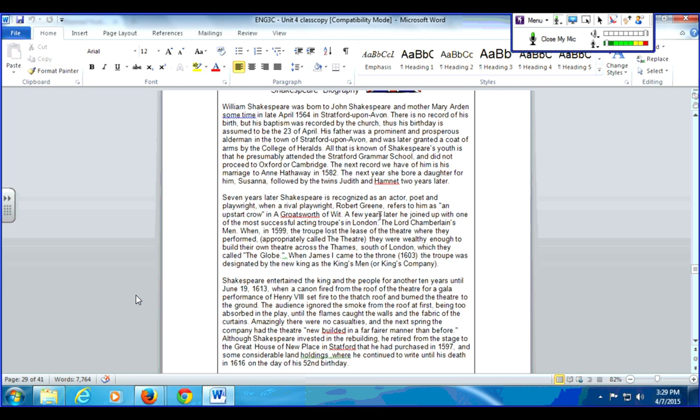When, in 1599, the troupe lost the lease of the theater they were performing in, which is called the Theater, they were wealthy enough to build their own across the Thames in the south of London, which they called the Globe Theatre.